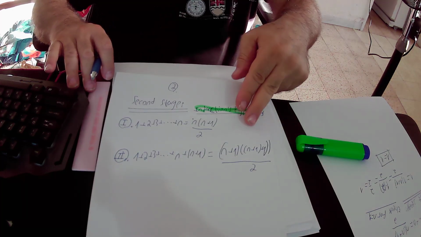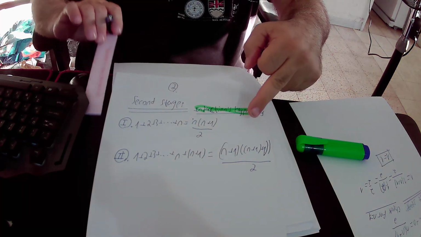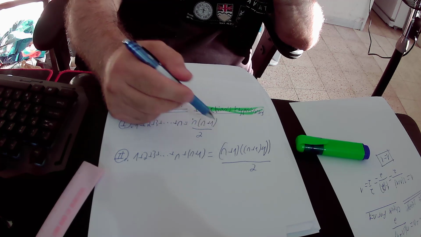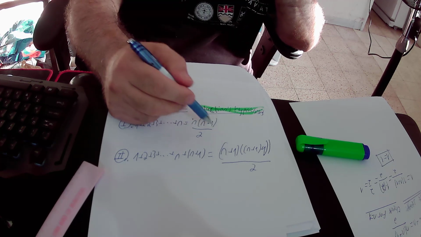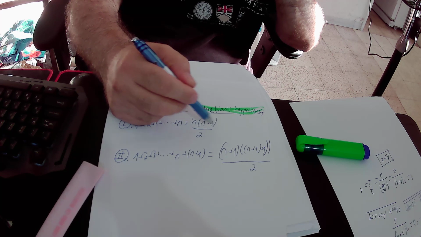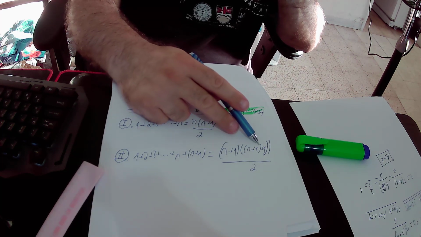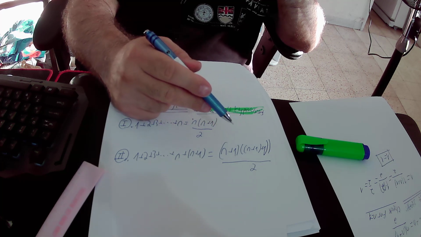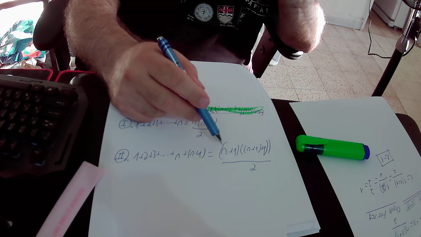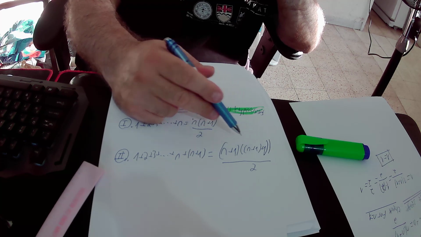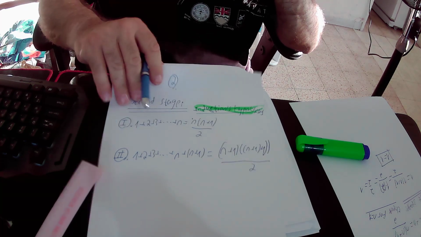So as you can see here in the second equation, instead of n we wrote n plus 1. Here it is n, so we write n plus 1, and here it is also n, so we write n plus 1. Here we add 1, here we also will add 1. Okay, so it is actually n plus 1 times n plus 1 plus 1, and n plus 1 plus 1 is n plus 2, so we will write it down.